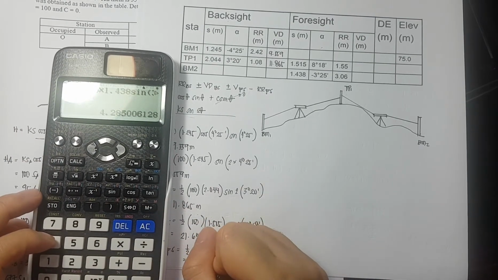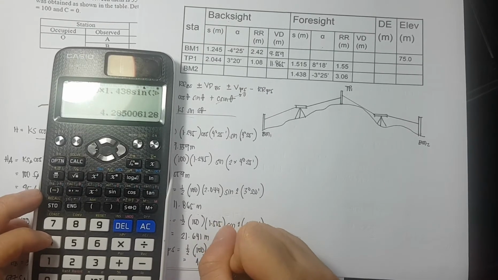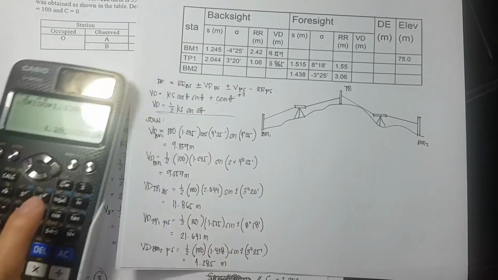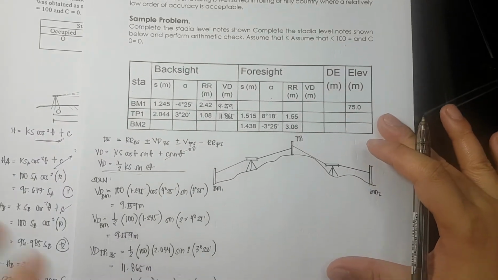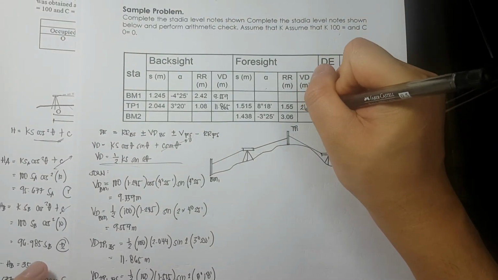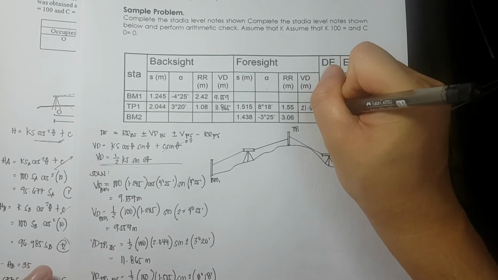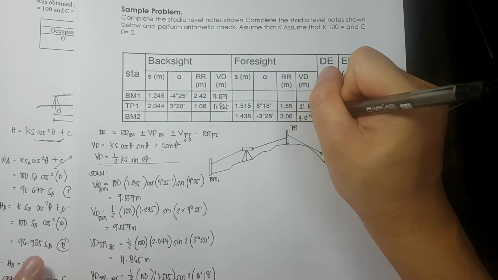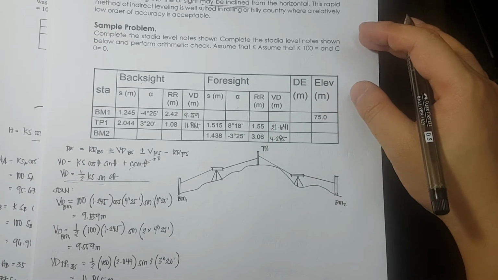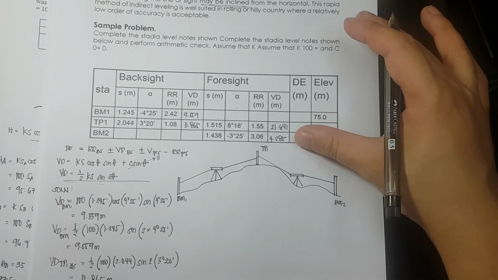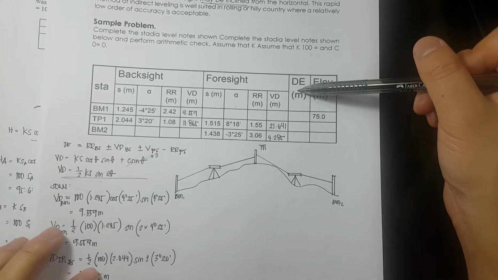So that is 4.285 meters. Okay. So sulat natin. The VD here is equivalent to 21.641, and this is 4.285 meters.